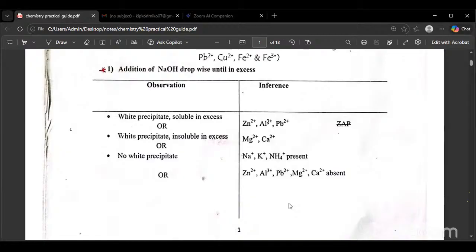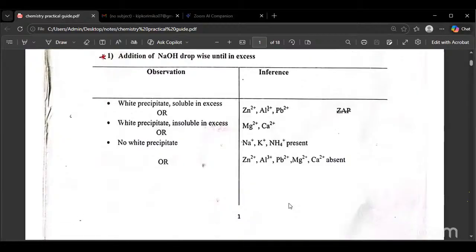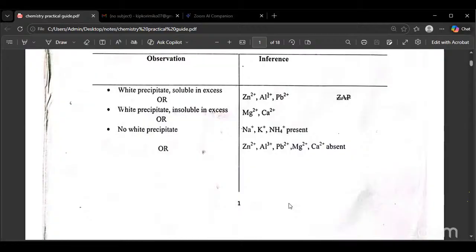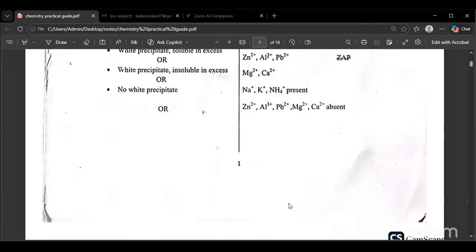So that one is clear now? Yes. So 3 drops, and then you put all the thing that is remaining. That is now in excess, and then you observe. So nasema there is no white precipitate in few drops and also in excess. So that is what we are saying.